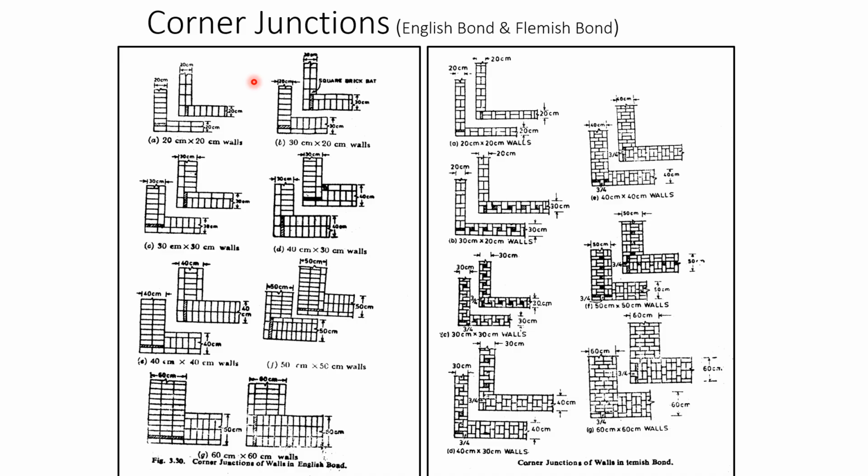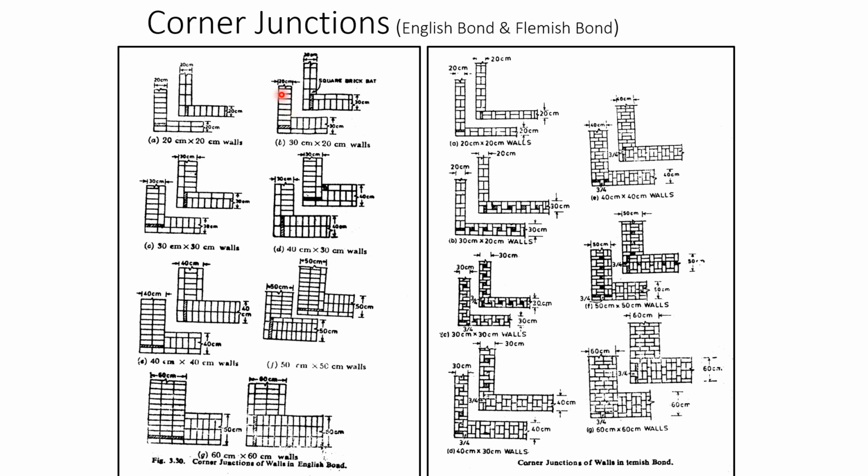Now here are corner junctions. If you are doing brick masonry at the corners, when the wall is 20 centimeter by 20 centimeter, and you provide the bat in the second layer, then your bond will be in the good position, the alternate position.